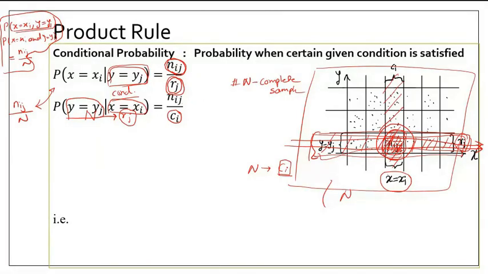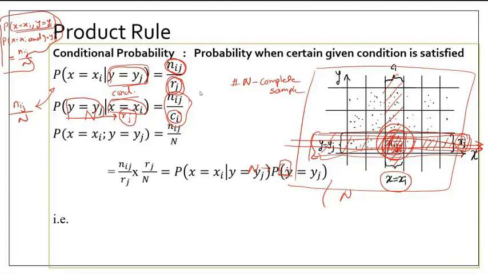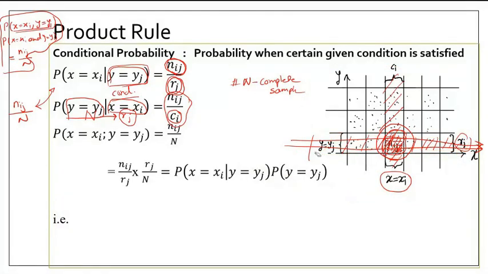So nij by ci is the conditional probability of y equal to yj given x is equal to xi. If I proceed like this, I can write this equation based upon the earlier definitions.